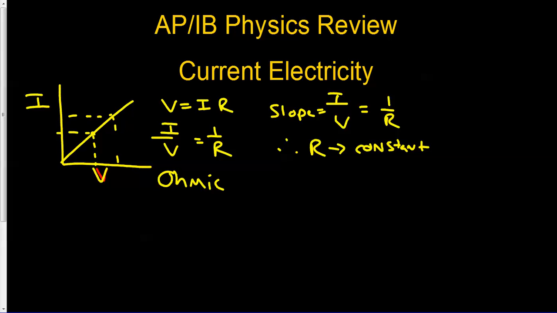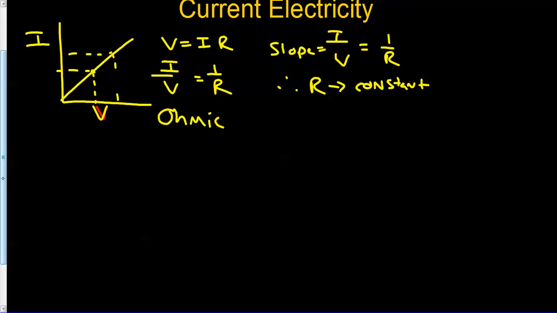Well, that also means that we can have devices that are non-ohmic. A light bulb, for example: as the filament warms up, or turns on, the temperature goes up, and we know that as temperature goes up, the resistance goes up. Since the slope is the inverse of the resistance, if R goes up, then the slope goes down.